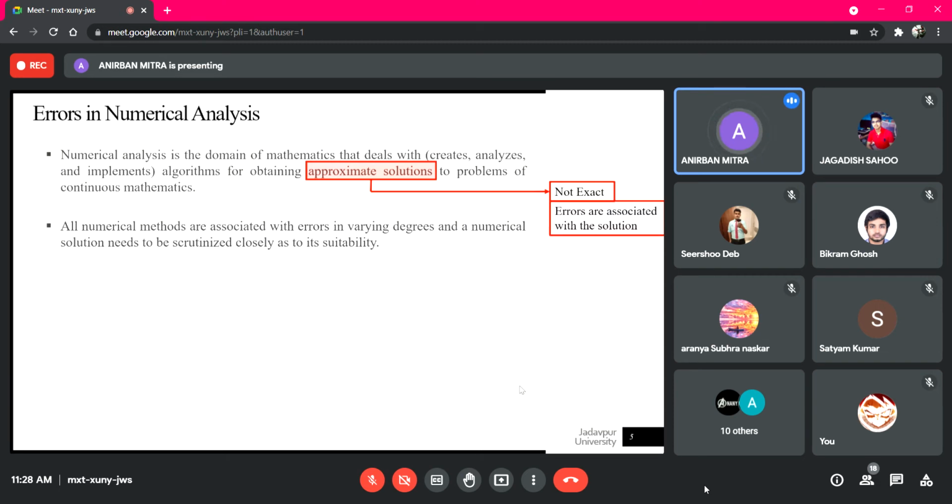And one needs to scrutinize a numerical solution very closely so as to find out whether it is suitable for the purpose, for the application or not. Obviously, a solution having a large amount of errors is definitely not acceptable. But on the other hand, if the error is small enough, then probably that can be accepted.